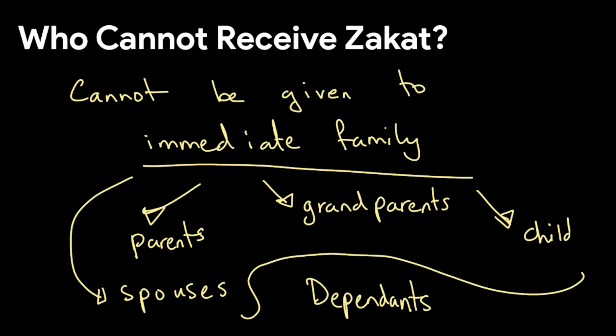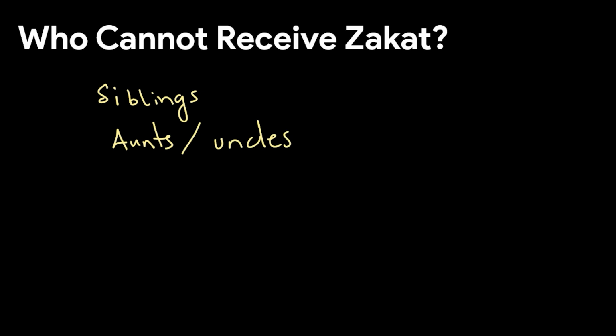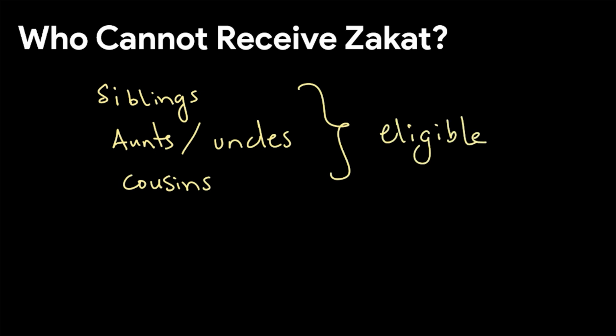However, your other relatives, such as siblings, aunts and uncles, your cousins, etc., they are still eligible to receive zakat if they fall into the 8 categories mentioned earlier.